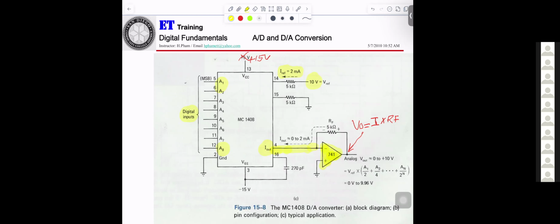They are using the current reference to get the output current. Okay. So when you apply 10 volt here, if you measure at pin 14, what do you think you can get?